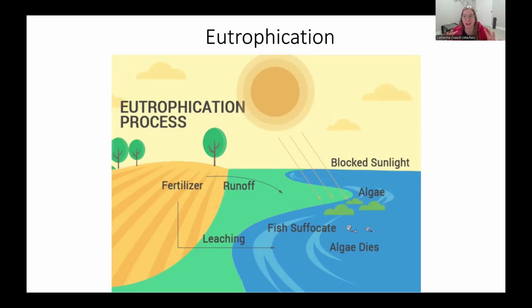And that creates areas where there is not enough oxygen in the water to sustain life. And because of that, the fish suffocate. We call these dead zones. It looks like water, but there's no oxygen. And so things just suffocate. And it's because that algae, like the fertilizer, increased its population size and then crashed.